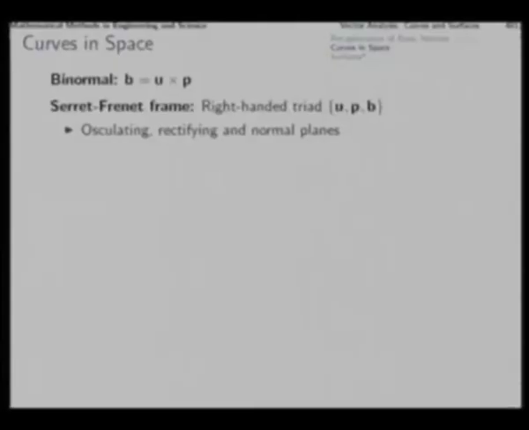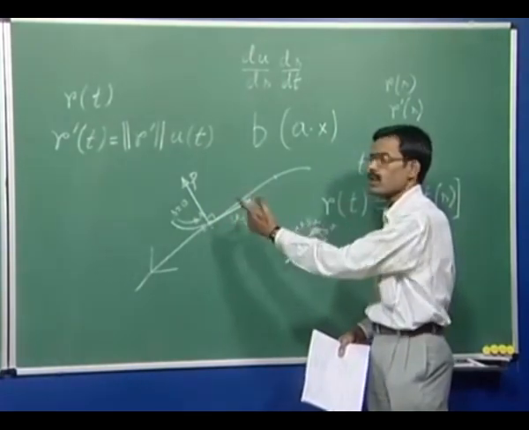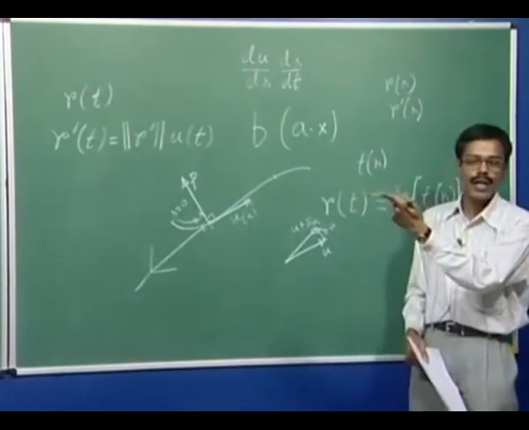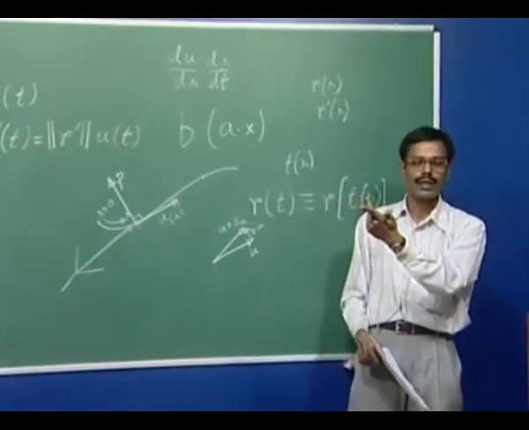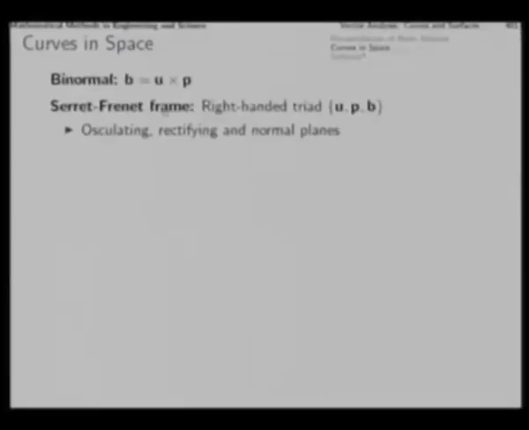So, this particular right handed triad formed by this particular point as the origin, and these 3 unit vectors u, p, b as the 3 reference vectors, that frame of reference is called the Serret-Frenet frame.